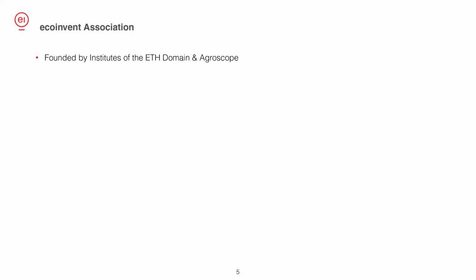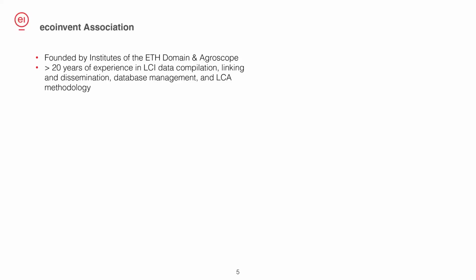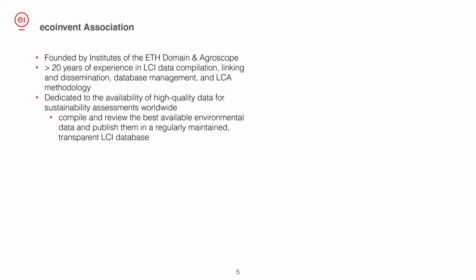The ecoinvent Association is an association founded by institutes of the ETH domain and Agroscope. We have more than 20 years of experience in life cycle inventory, data compilation, linking and dissemination, and database management. We have as a goal to make available high quality data to many users in the world.